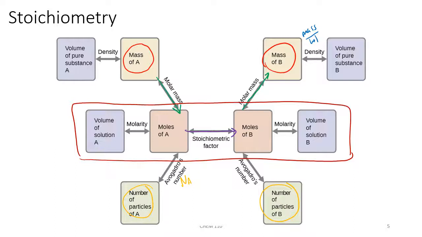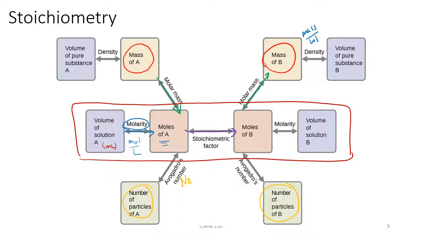So right now we're going to focus on this part of all of our different conversions, where we might know some volume of something, maybe it's in milliliters, for example, and we're going to convert to moles of that substance by using the molarity now. Whereas before we started with the mass and we needed to use the molar mass as our conversion factor. If we know a volume, we can use the molarity, which is moles per liter, to get at number of moles.